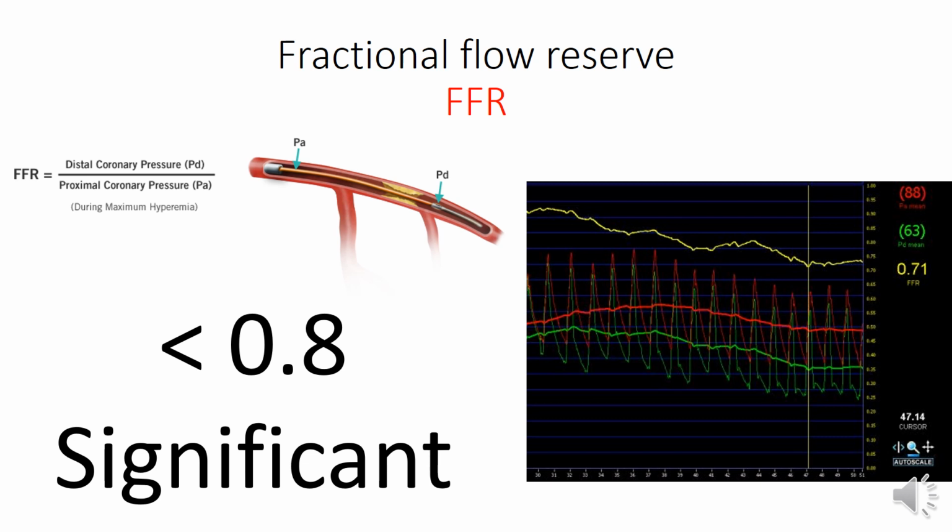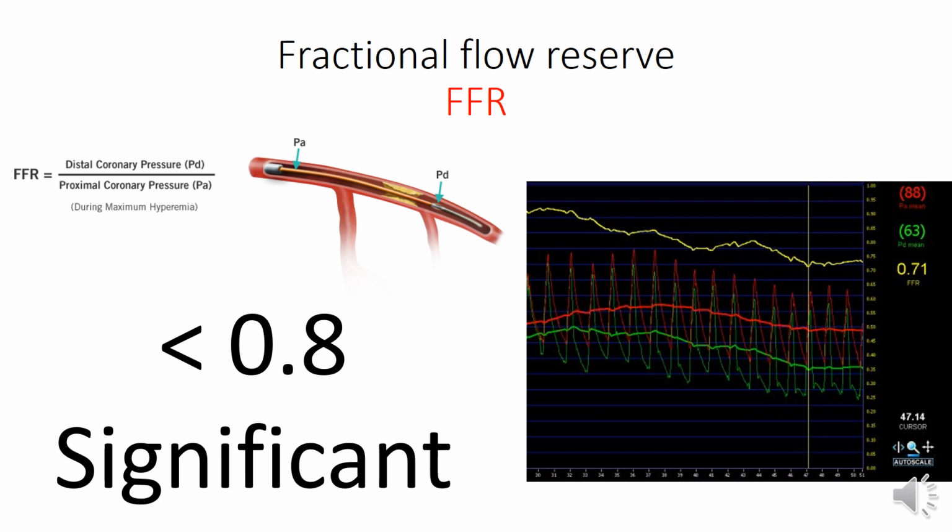Another more physiological and reliable method is assessment of the fractional flow reserve, or what is called FFR. Simply, it utilizes the equation that flow depends on pressure and resistance. When we neglect the resistance by giving a vasodilator drug like adenosine, the flow can be replaced by pressure, or in simple words, flow equals pressure.